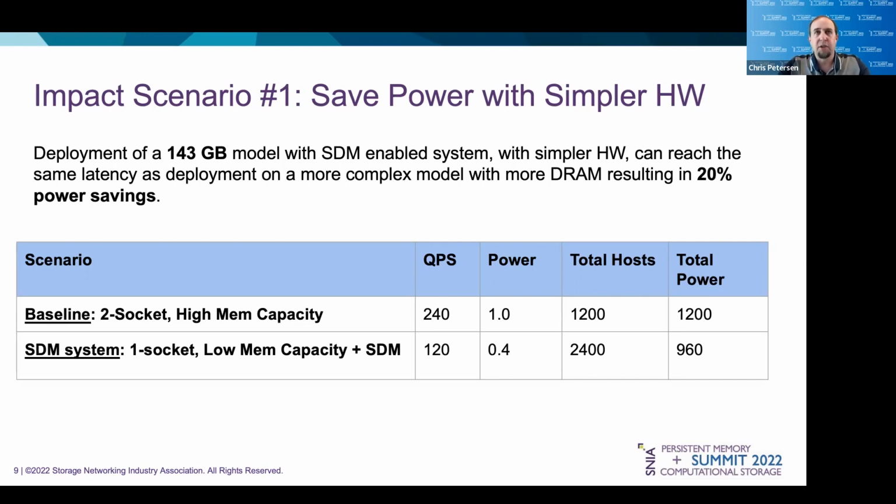The alternative system we looked at was a single socket machine that had a memory footprint that was smaller than the model size, but to accommodate the model, we added some storage class memory to the server to help us accommodate the entire model. And this storage class memory acts as this extra tier that I mentioned earlier.